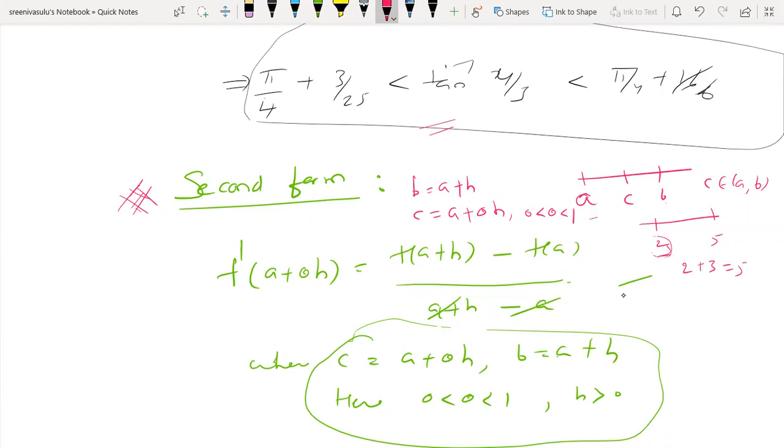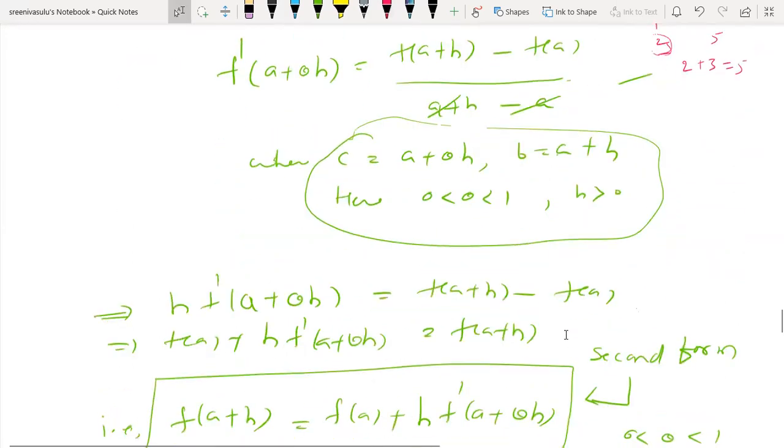Substituting in Lagrange's mean value theorem of the first form, f′(c), the c value is a + θh. Substitute the c value: (f(b) − f(a))/(b − a), where b is a + h. By taking the first form and substituting the c and b values, we get the required form. Here a gets cancelled in the denominator, b value is a + h, minus a gets cancelled, we get h in the denominator.